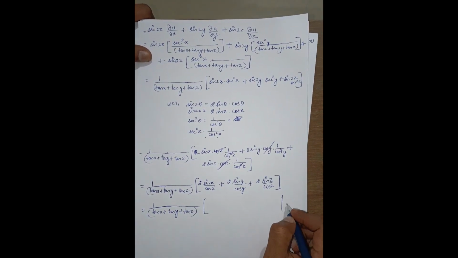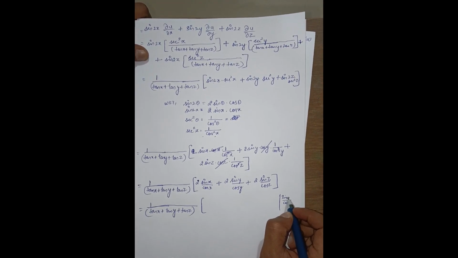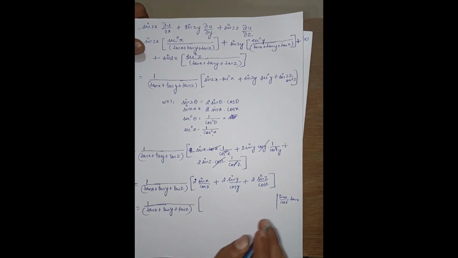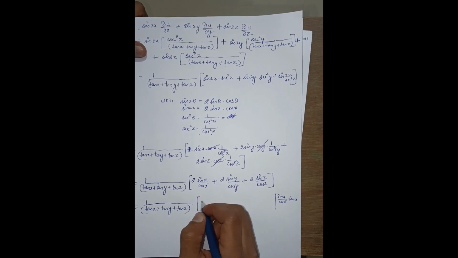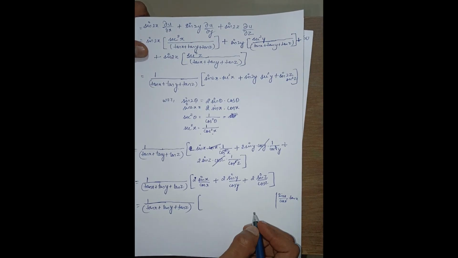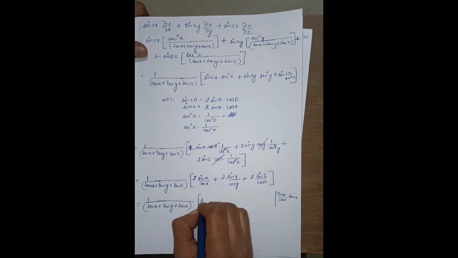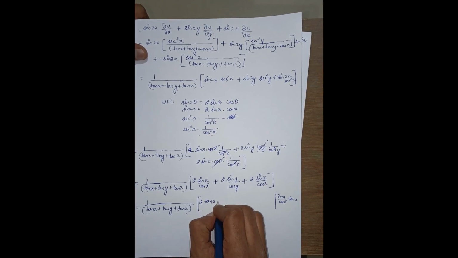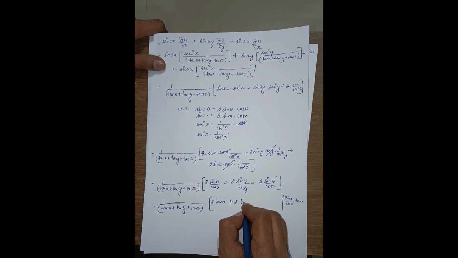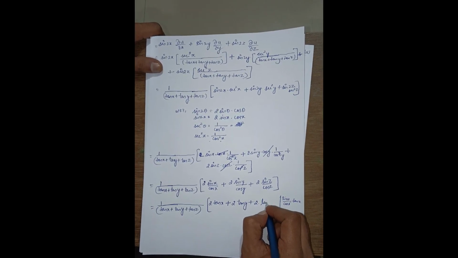The formula for sin x by cos x is tan x. So in place of sin x by cos x, I will replace it by tan x. That is 2 tan x plus 2 into sin y by cos y, which becomes tan y, plus 2 into sin z by cos z, which becomes tan z.